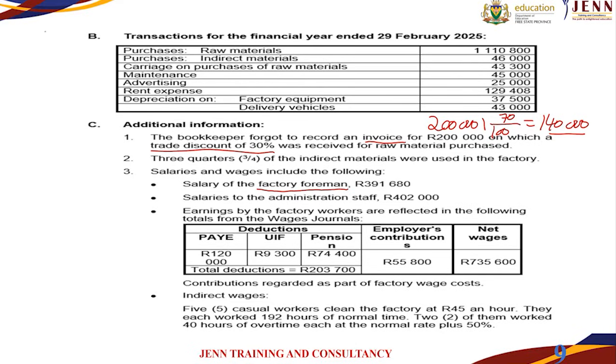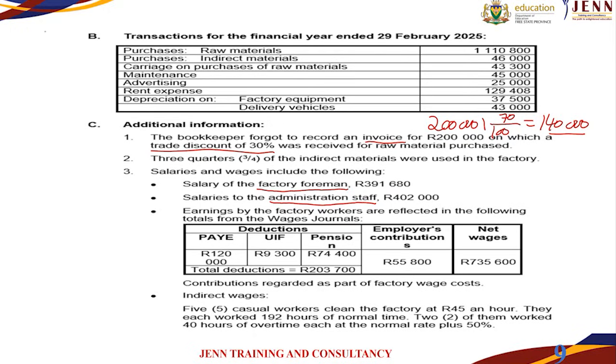It says salaries to the administration staff. Now remember, the administration staff, they work in the office. They are not also part of the production process. So we also ignore them. And then we go to bullet number 3. It says earnings by the factory workers are reflected in the following totals from the wages journal.